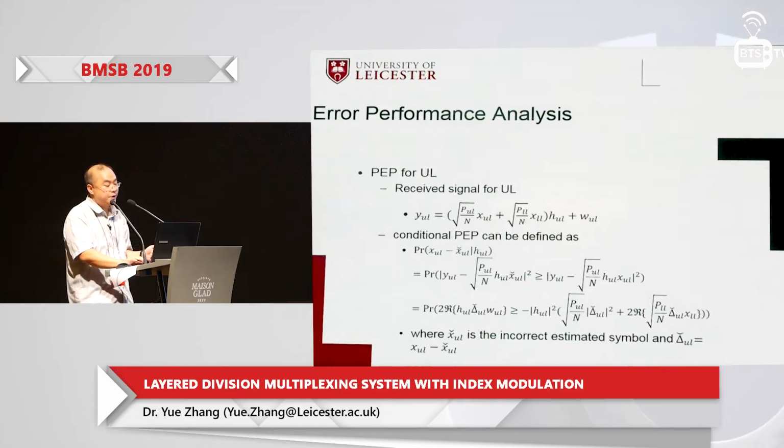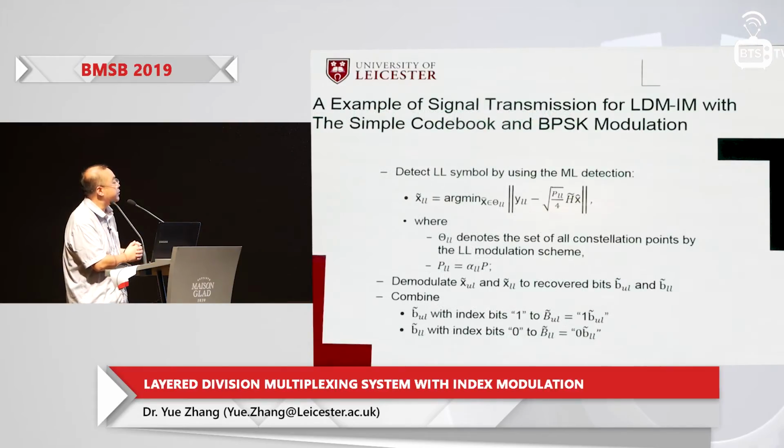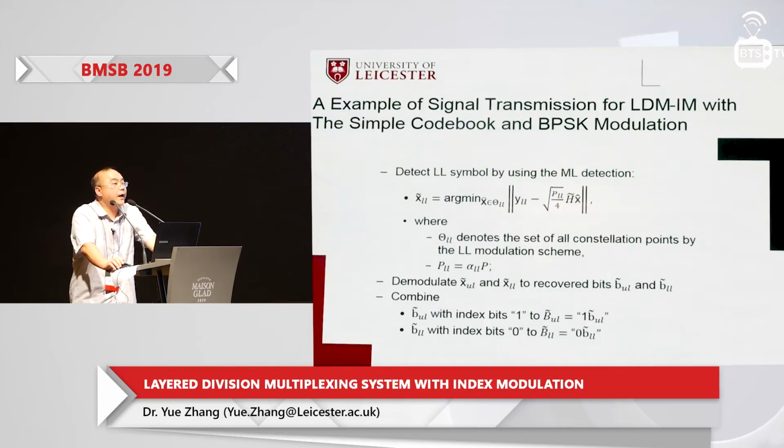In this case, besides the traditional LDM part, we don't do any extra work, but we can bury the index information into the transmission. At the same time we have the index information and also the LDM information, to support more capacity or throughput for the channel.